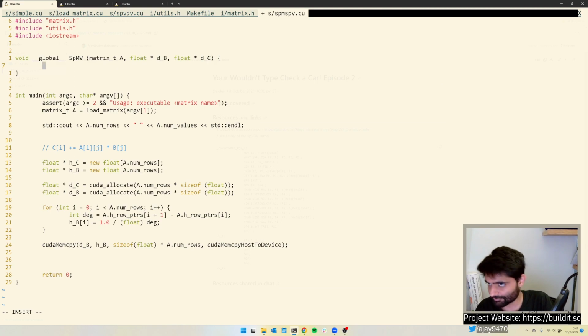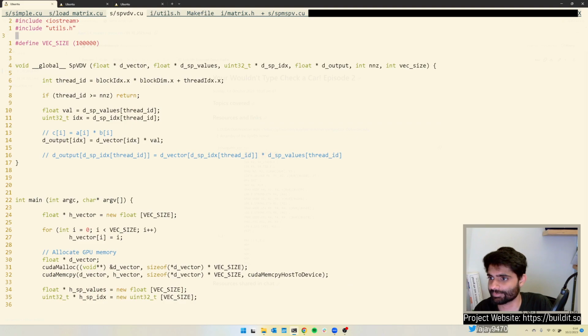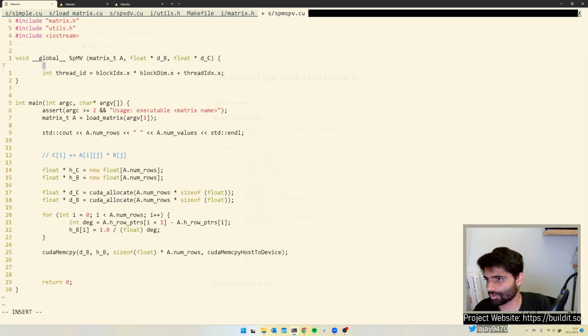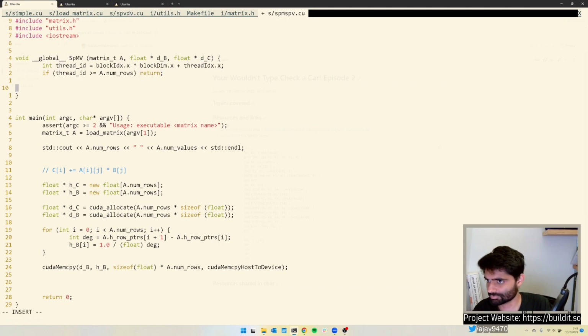Okay, the first thing is always going to be getting the thread ID. That remains unchanged. And now we're also going to make sure that we're not accessing a row that doesn't exist. So if thread ID is greater than or equal to a dot num rows, we return. This is clear.